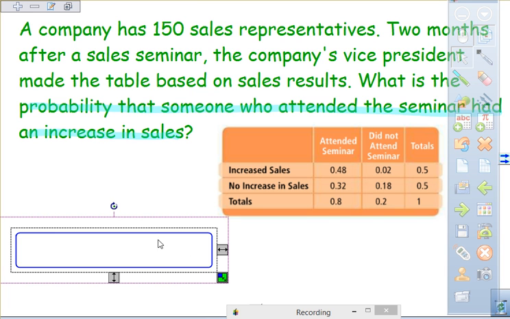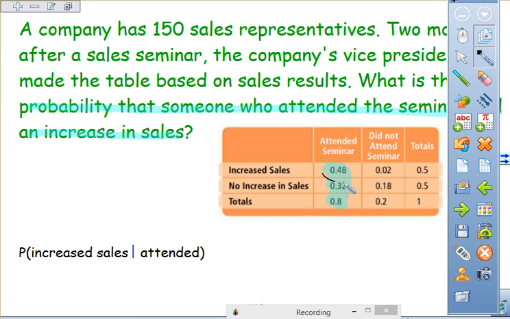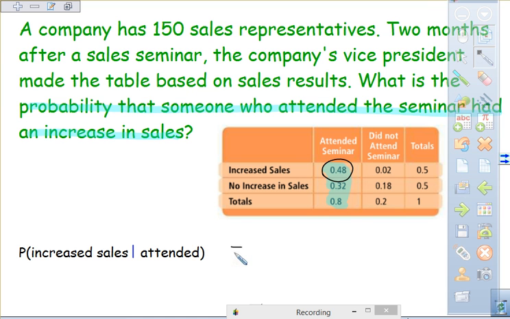So I think this is what we're looking at. So given they attended the seminar, how many had an increase in sales? So out of all of those who attended, which would be this column, we want to know how many had increased sales. So our numerator is 0.48, and our denominator would be 80% of the staff.